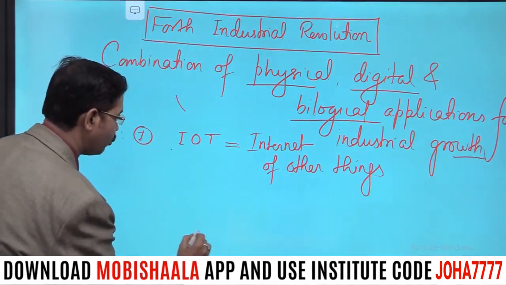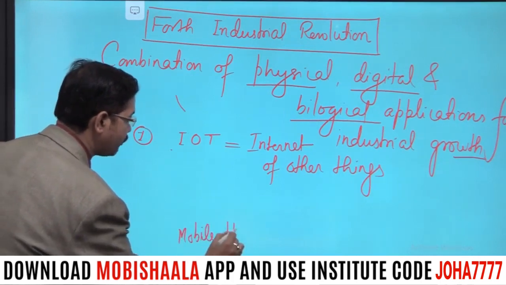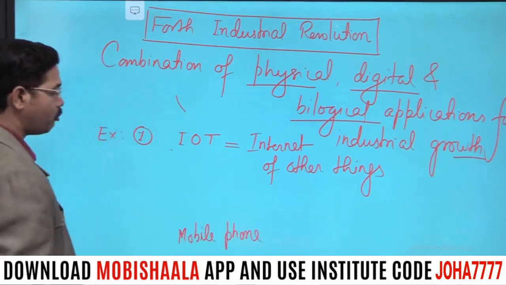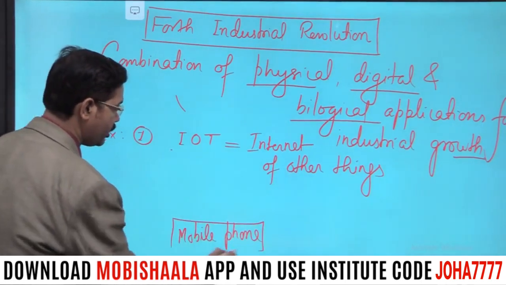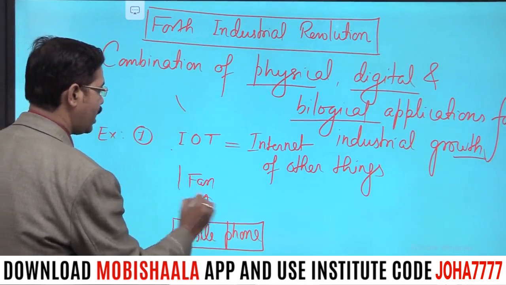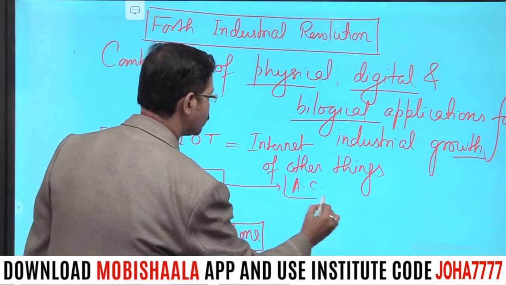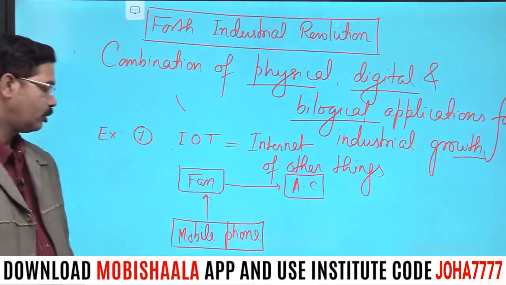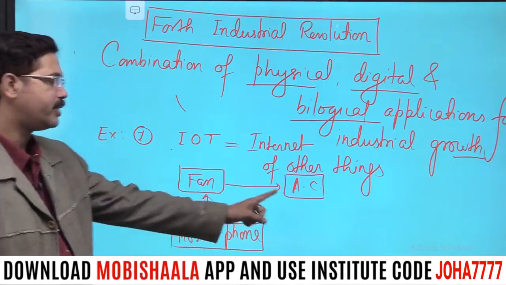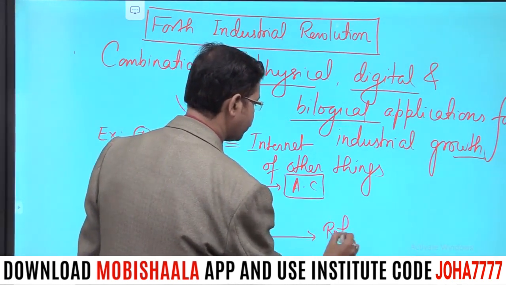So what is that? This is your mobile phone. And from this mobile phone, suppose you are regulating the speed of the fan. And the fan is, suppose, regulating the speed of the AC in your house, the air conditioner. So mobile phone, fan and AC, and this mobile phone is suppose also regulating what? Refrigerator.